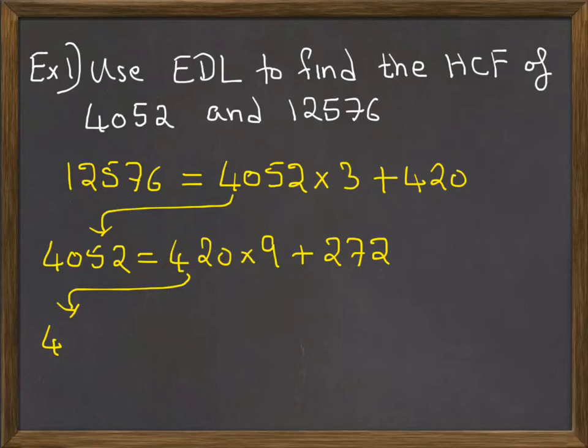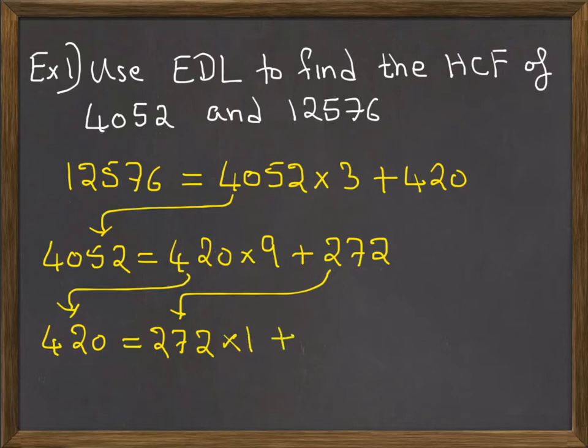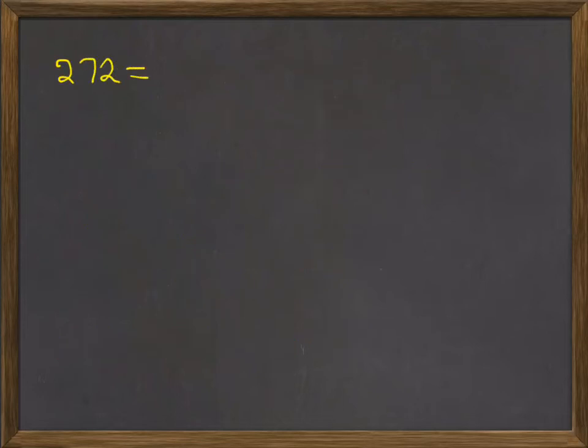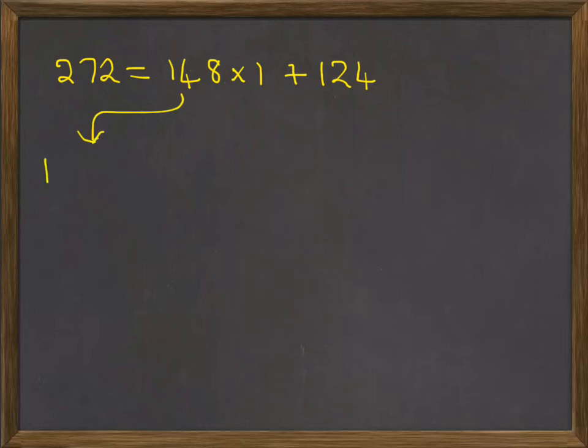We continue the process. 420 divided by 272, and that's going to be 272 times 1, leaving a remainder of 148. We continue the process again. 272 divided by 148. So 148 times 1, leaving a remainder of 124. Continue the process. 148 is equal to 124 times 1, plus 24.